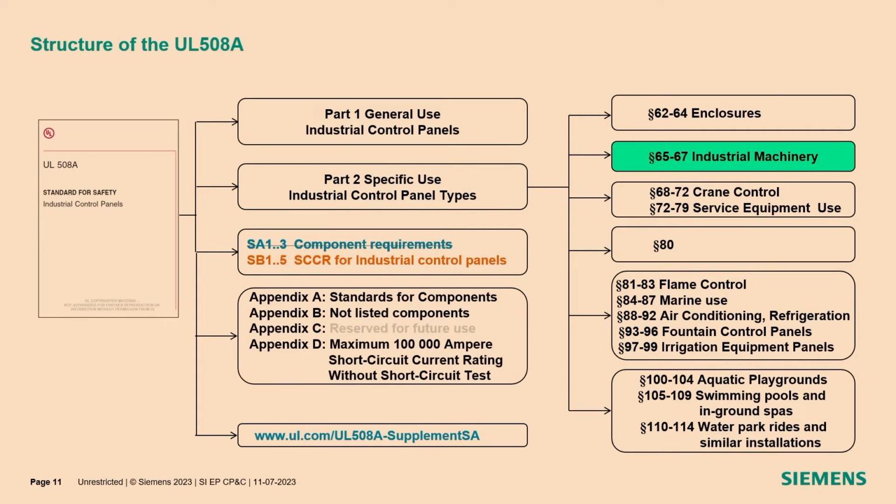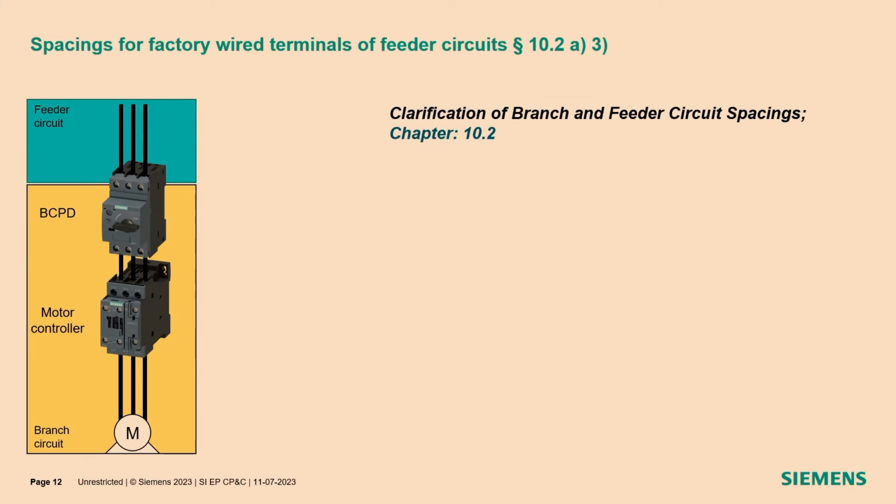And after the SB, they have some appendix A, B, C, and D. C is reserved for future use, so you don't find any content there, yes. So we have in reality only appendix A, B, and D. So this was a very short introduction to the structure. Now let's come to the main part. What is really new? And there's something new, definitely.